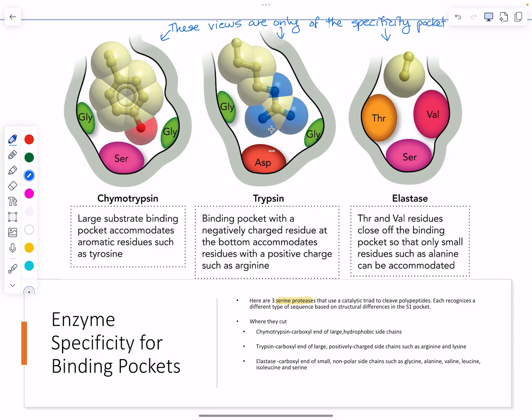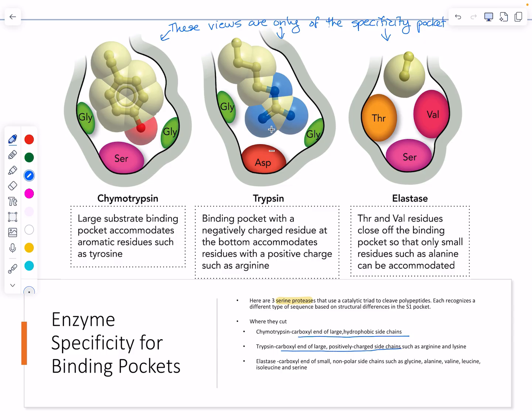So that's the first thing to note. Chymotrypsin binds adjacent to large hydrophobic side chains. Trypsin cleaves on the carboxyl end of large positively charged side chains.